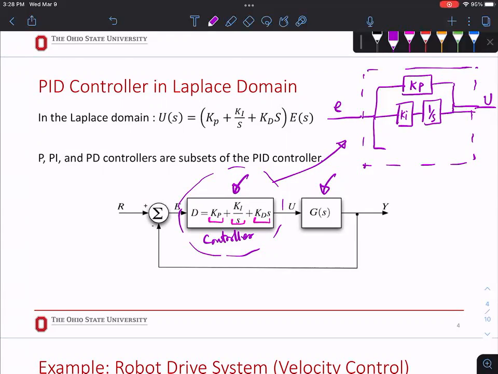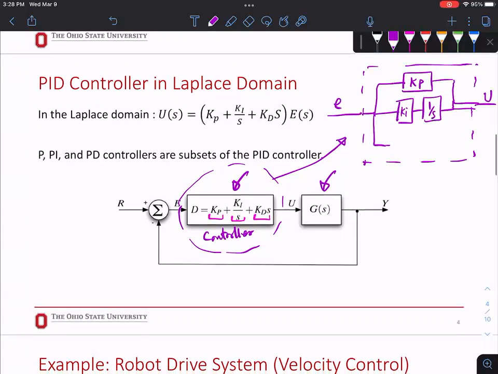You could also say Ki over S. It's just the same thing. It's a gain that is multiplied. I'm doing it the way that you would do in Simulink, all the blocks separately. Last one, KD times S. So this is KD times, I have to put in series, S. So a block that has S in it is called a differentiator. Integrator, differentiator, that's our PID controller.